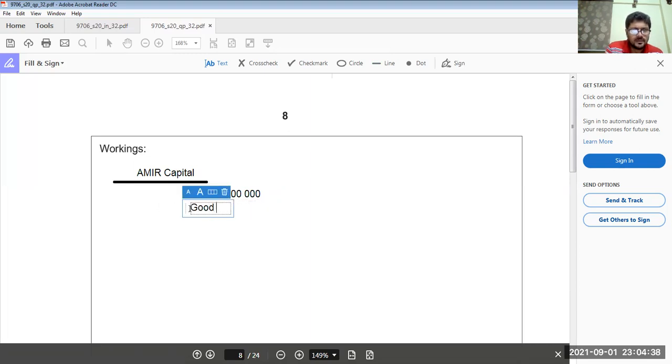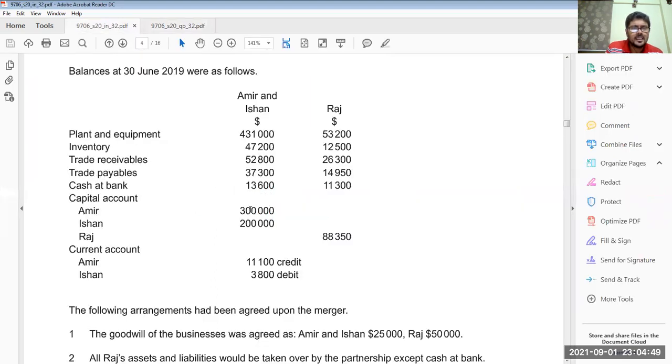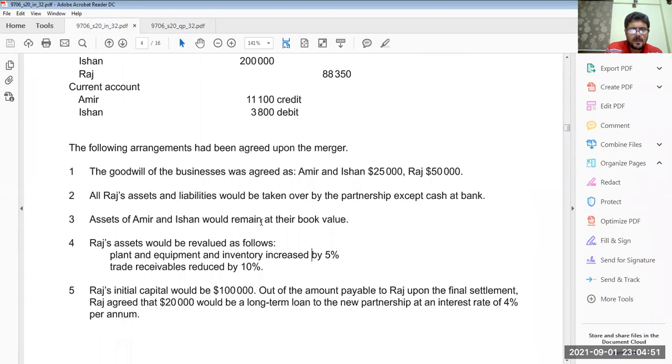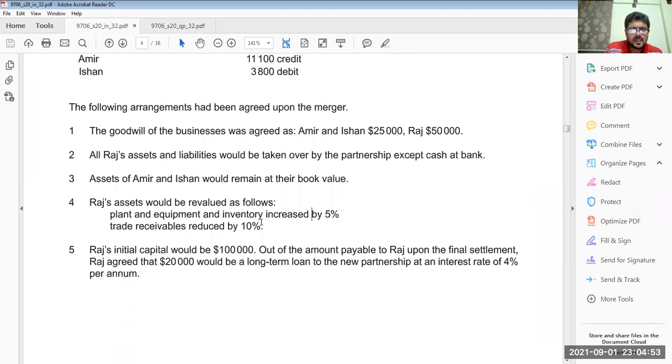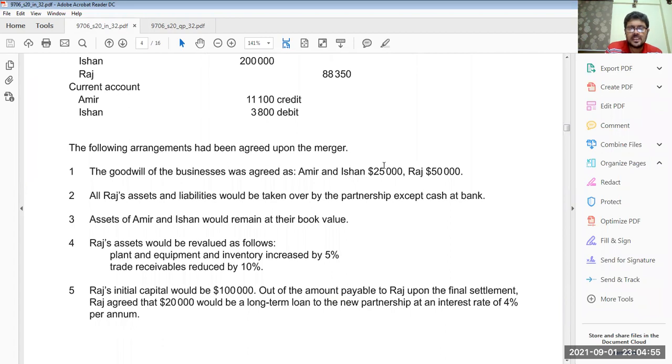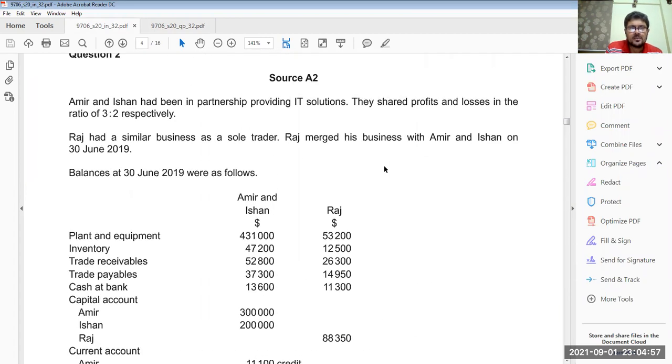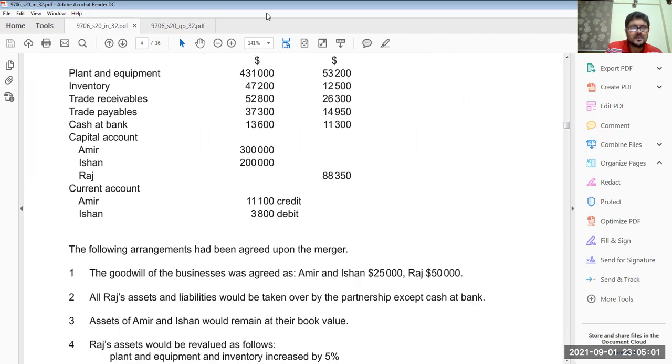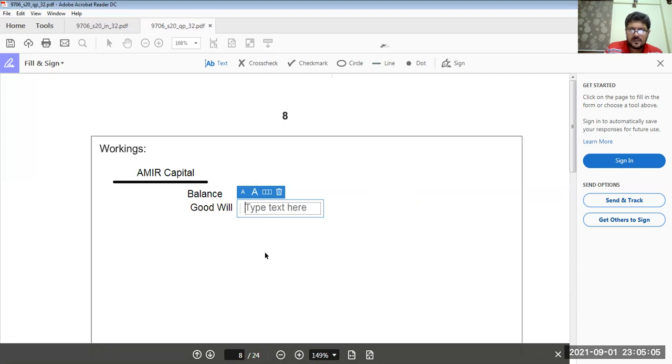Now goodwill. We got the goodwill. How much is the goodwill? The goodwill of the firm was 25,000 for Amer and Ishan, and it will be shared 3:2. So 3 upon 5 multiplied by 25,000 means 15,000 is the goodwill given. Done?